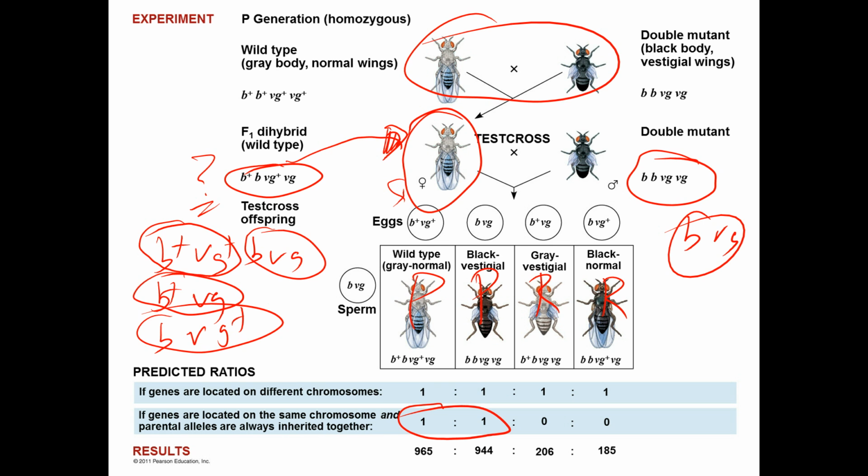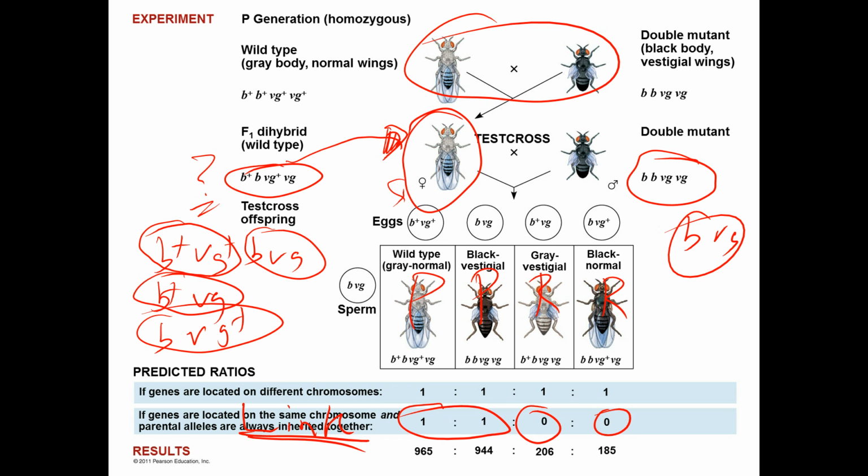You would only see wild type, gray body, normal wings, or you would see black body, vestigial wings. In other words, these genes are linked. You would not see any recombinants, because they're close enough together where recombination is more of an unlikely event.